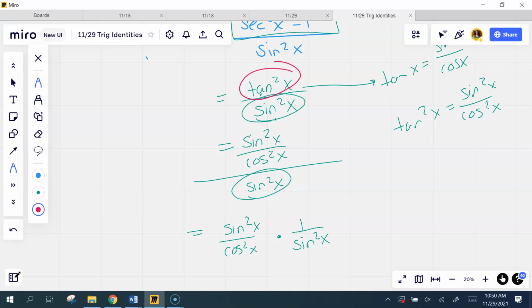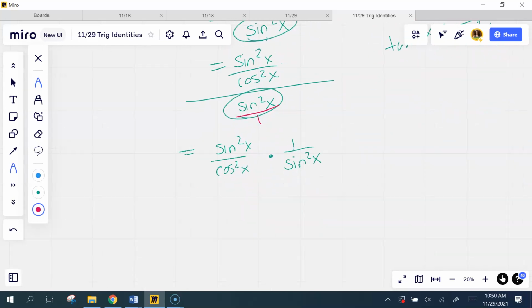Yep, because I was dividing by that. Instead of dividing by that, I multiplied by the reciprocal because I got a fraction over a fraction. Conveniently enough, and what is that?